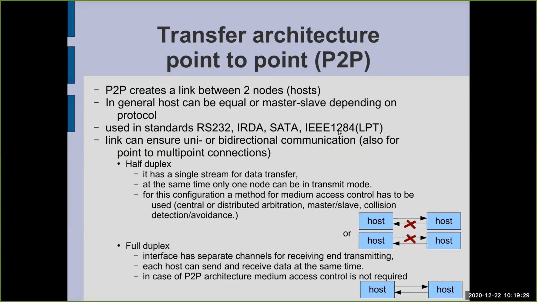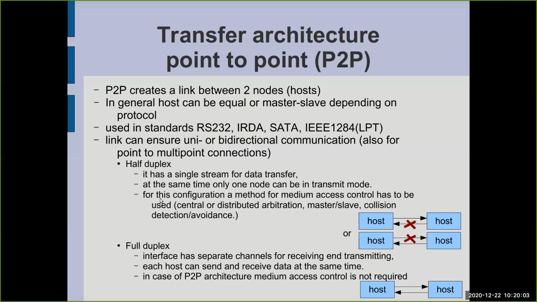There's another possibility. So we have a bus architecture where we have more nodes. In general, this architecture is used, for example, for serial ATA architecture. But look, even if we have point-to-point connection, we have several possibilities.